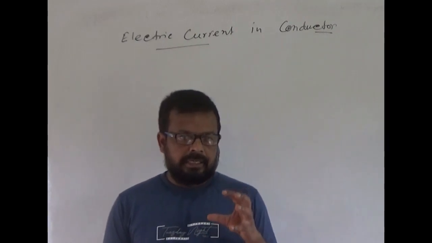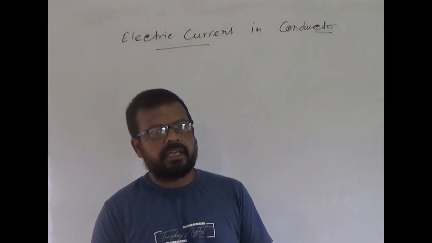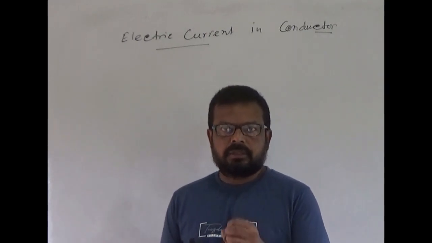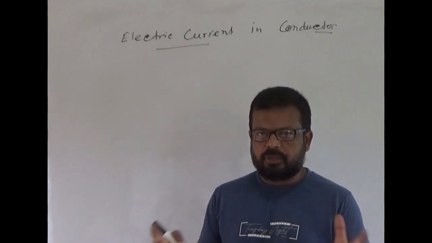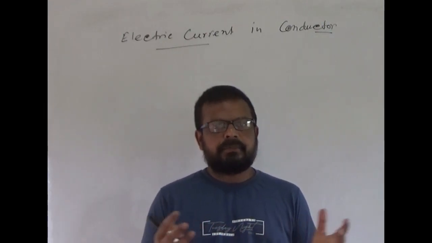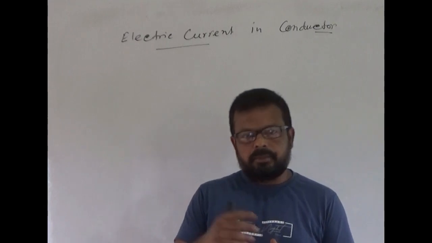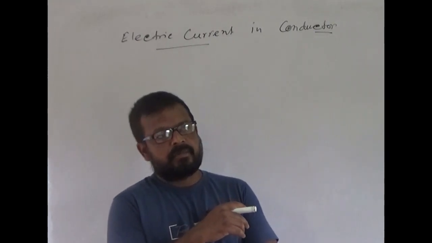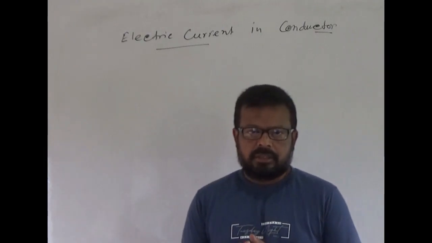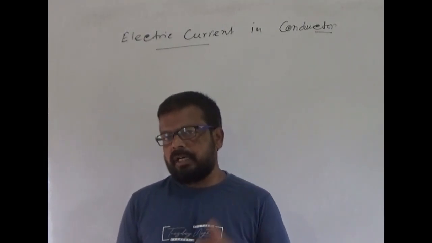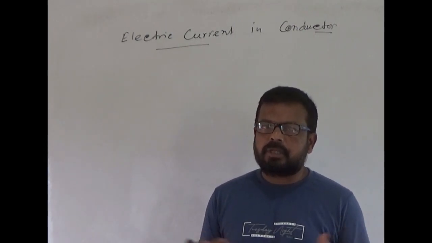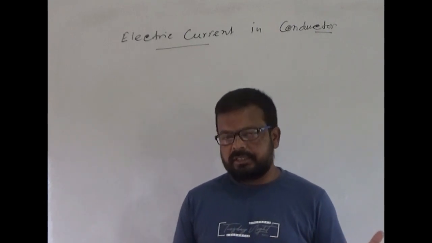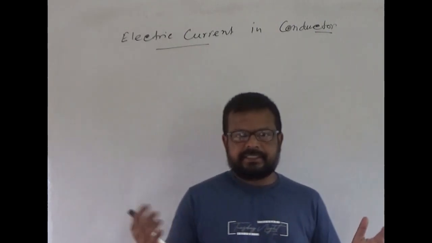That means most of the mass of the atom is centered at the nucleus, and electrons, which are very light but negatively charged particles, revolve in different orbits around the nucleus. In each orbit, only a fixed number of electrons can reside. In the first orbit the maximum number of electrons is 2, in the second orbit it is 8, and so on.